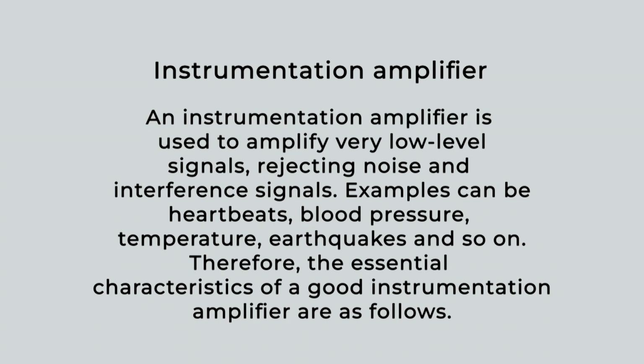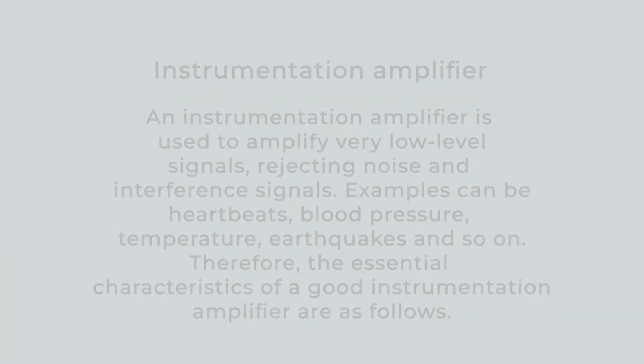Examples are heartbeats, blood pressure, temperature, earthquakes, and so on. Therefore, the essential characteristics of a good instrumentation amplifier are as follows. First one, the input to the instrumentation amplifier will have very low signal energy.